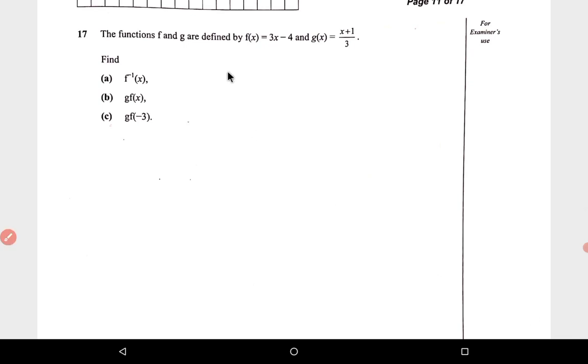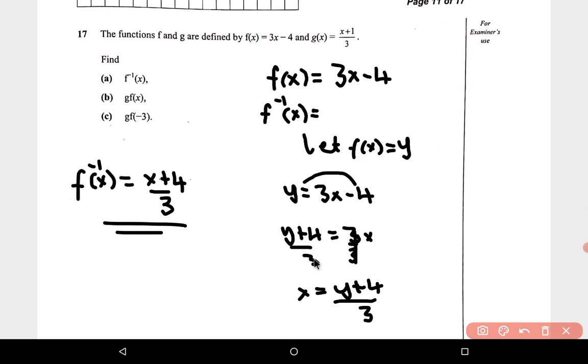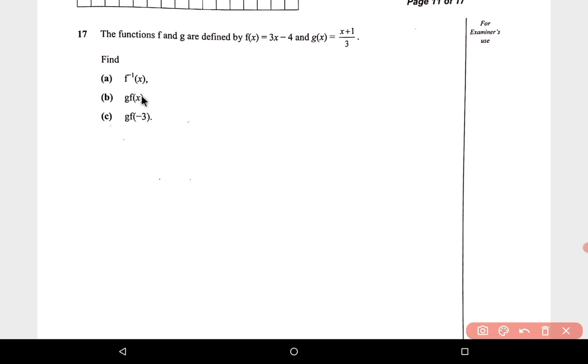It is read as g of f of x. So g f of x, pretty much simple as well. You start with the function g, so g of x is given by (x plus 1) over 3.